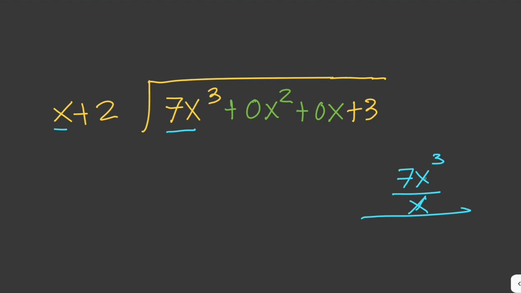In this case, our base is x, so this would become 7x to the 3 minus 1, which gives us 7x squared. So our quotient here is 7x squared. And then once we get the quotient of 7x cubed by x, we multiply 7x squared by x plus 2.